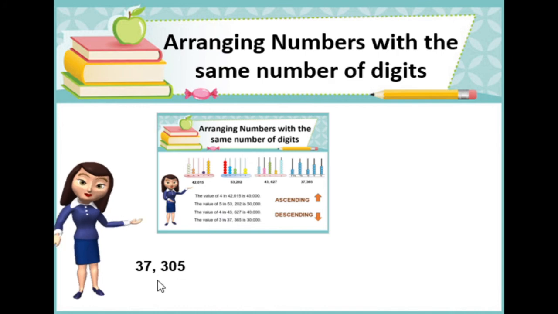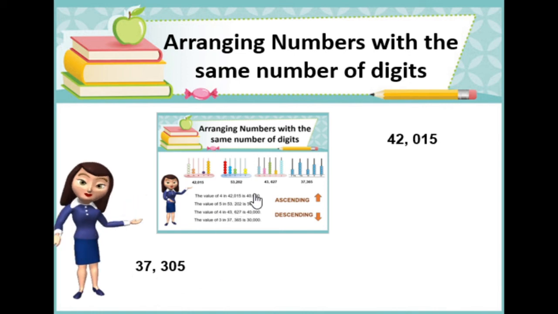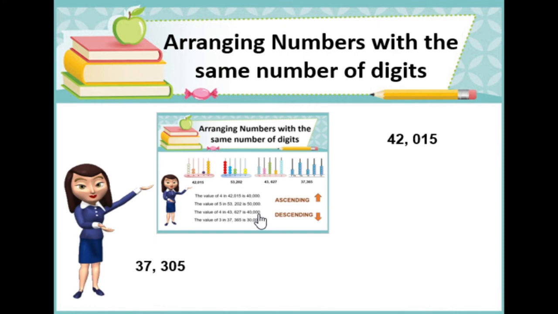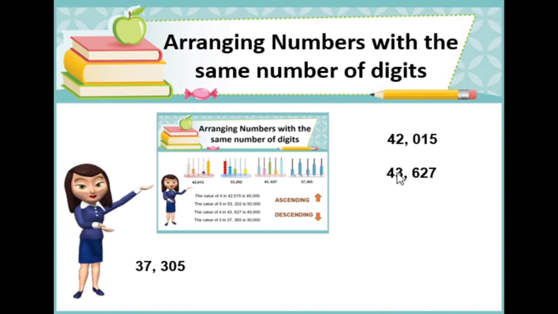So that means the first number that we are going to write is 37,365. The next is 40,000 and 40,000. They have the same value of the first digit. So let's write them together and compare the next numbers.